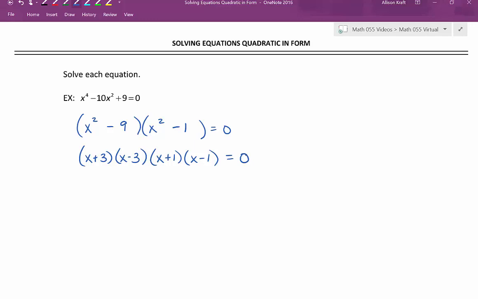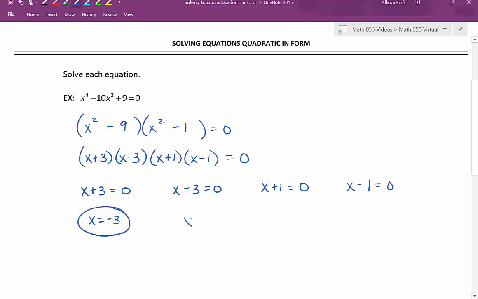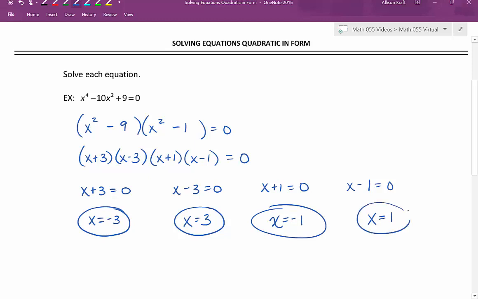I'm going to go ahead and use the zero product property and set each one of these factors equal to 0 and finish solving. Solving each of these linear equations, we get x to be negative 3, x to be positive 3, x to be negative 1, and lastly, x equals positive 1.